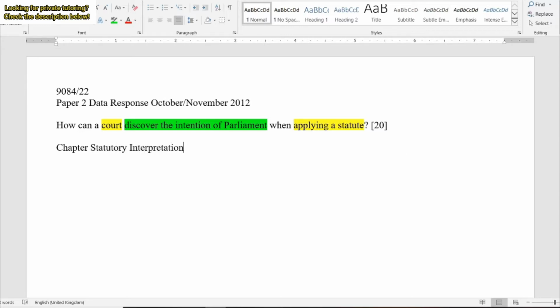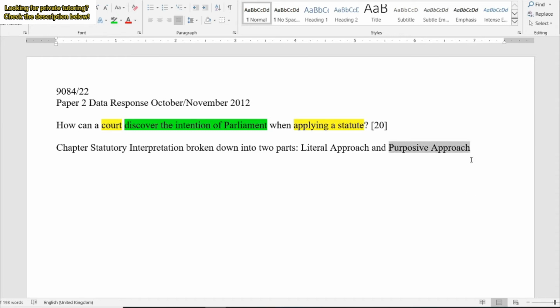The chapter is broken down into two parts, which is the part regarding literal approach and purposive approach. If the question is a general question, then of course you're supposed to talk about both. But if the question is asking you to focus on something in particular, like for example intention of Parliament, the topic of intention of Parliament you can only find in the purposive approach.